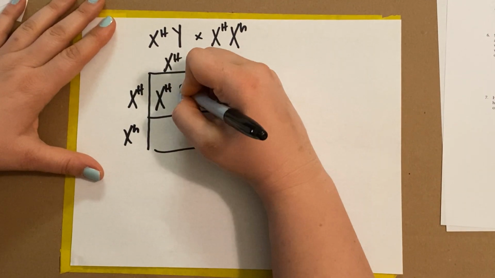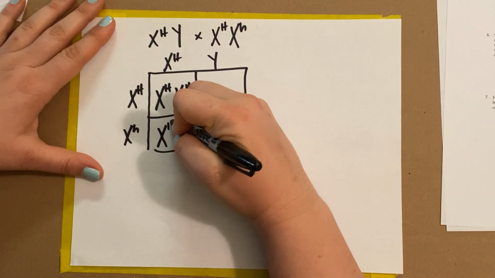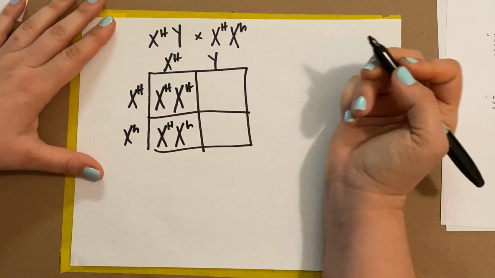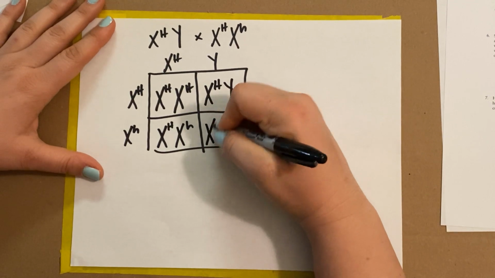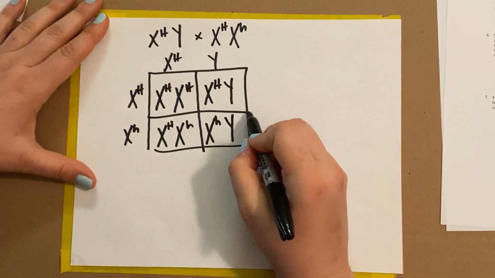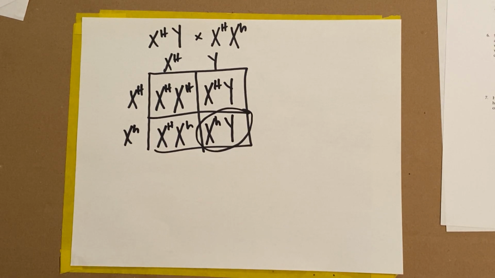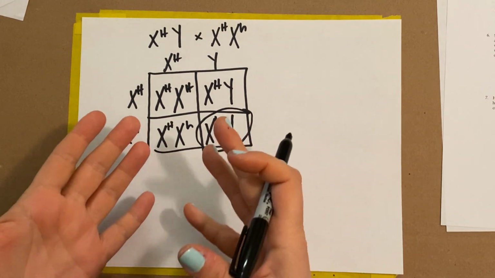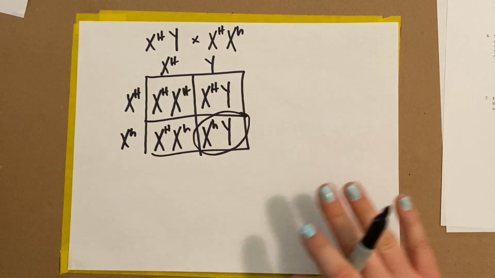So this would be a female non-hemophiliac, this would be a female carrier, this would be a male non-hemophiliac, and this would be a male hemophiliac. So there's only one possible child that would be hemophiliac. There's no way to make a daughter, because the father always donates X's to his daughter, and he would have to be a hemophiliac for that to work. So unfortunately, yes, there was cheating in this relationship.